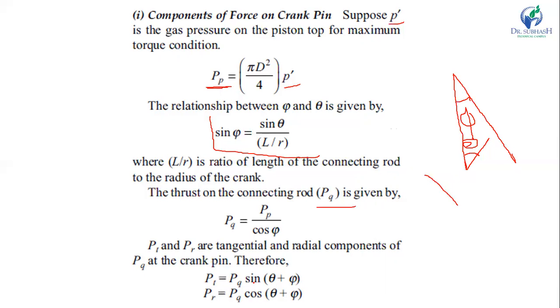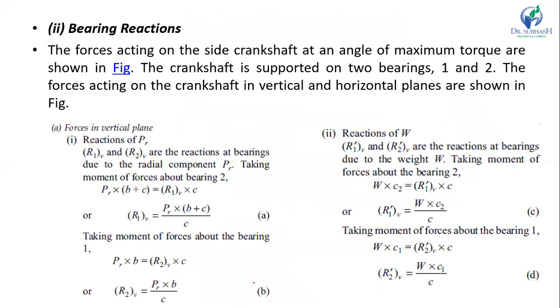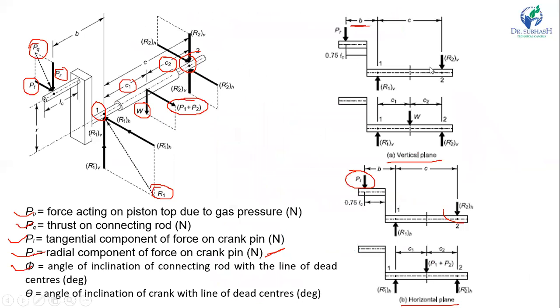Now let us find the bearing reactions. The forces acting on the side crankshaft at an angle of maximum torque we have seen already in the figure; the reactions are vertical and horizontal.